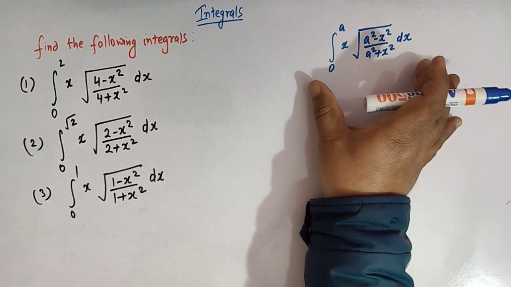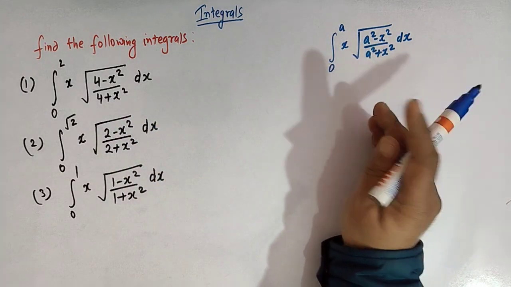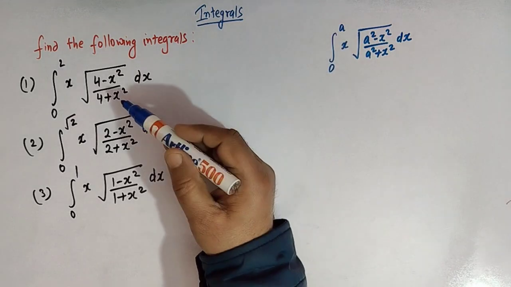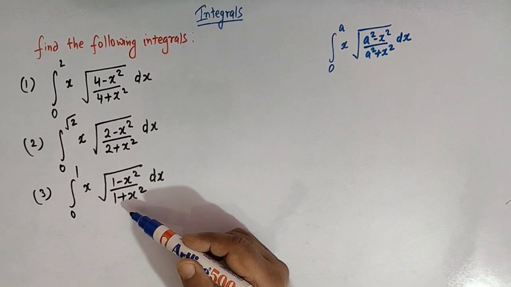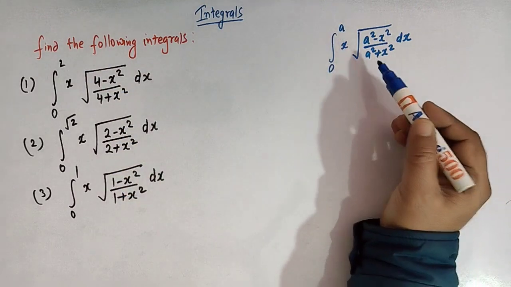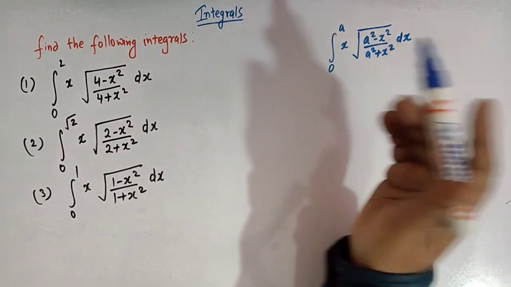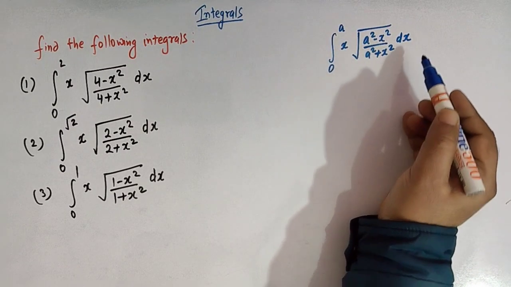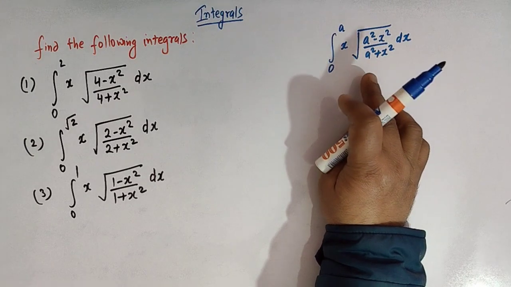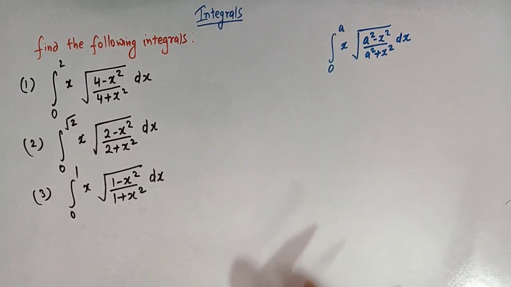We can easily see that this integral is similar to these three integrals, or in other words, these three integrals are similar to this integral, right? If we take the usual method, we can find the value of this integral by the method of substitution, right?